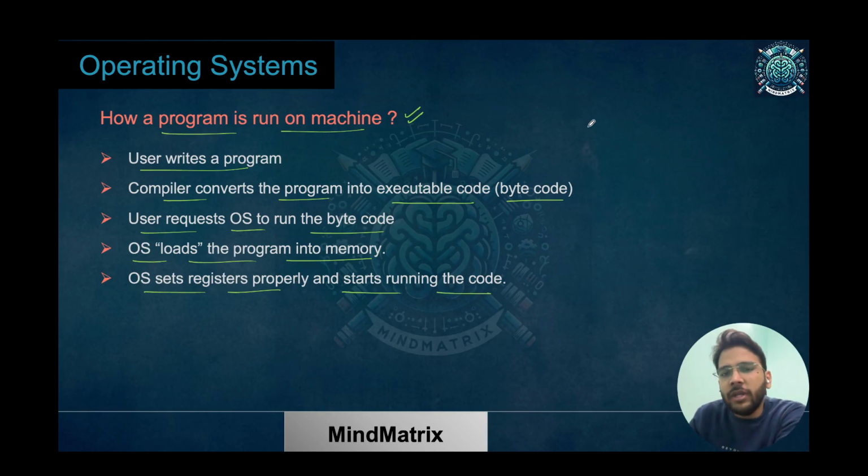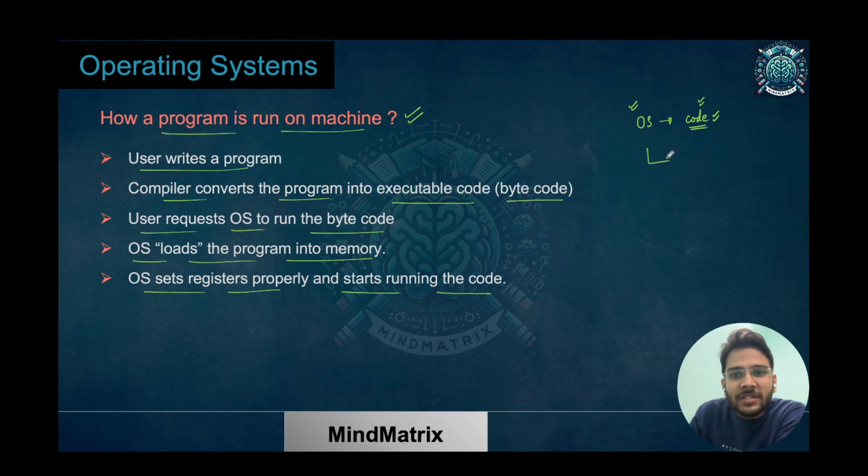Now we need to understand here, or you may have a doubt, that the operating system is also code, right? We are talking about loading a process into the main memory and executing it, but what about the operating system? This is also code, right?